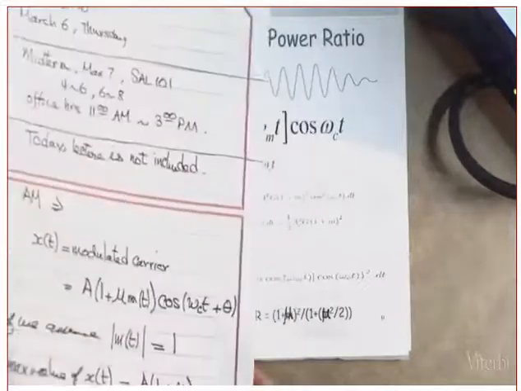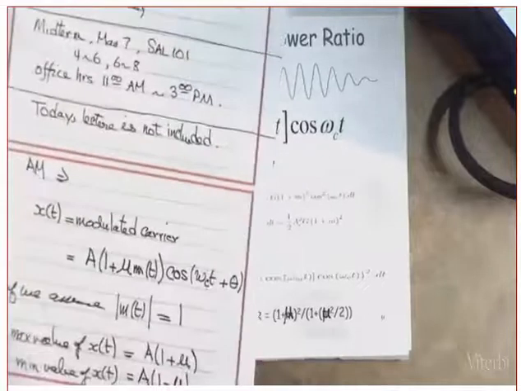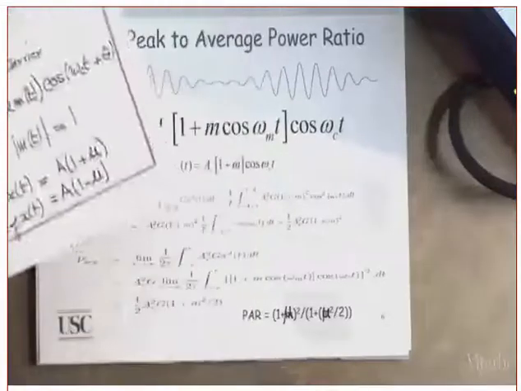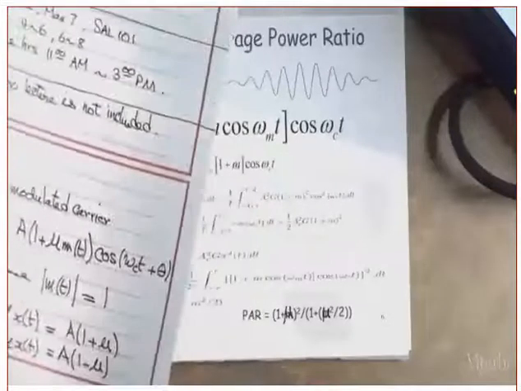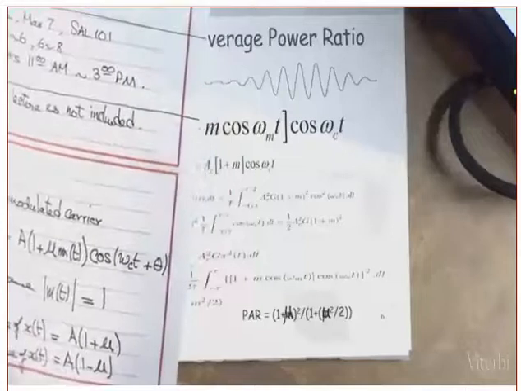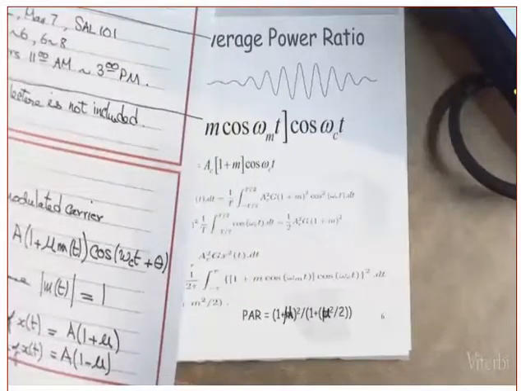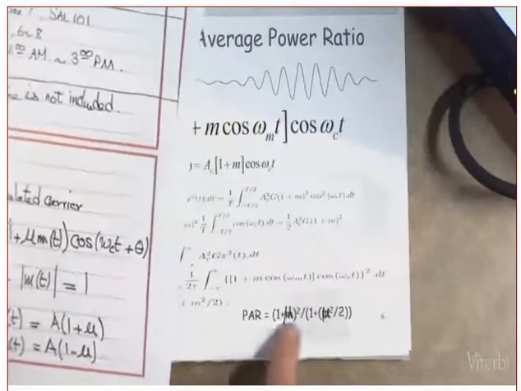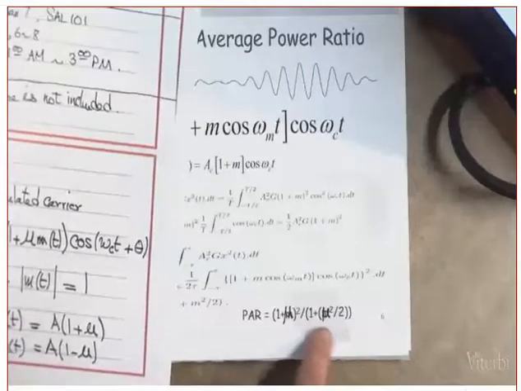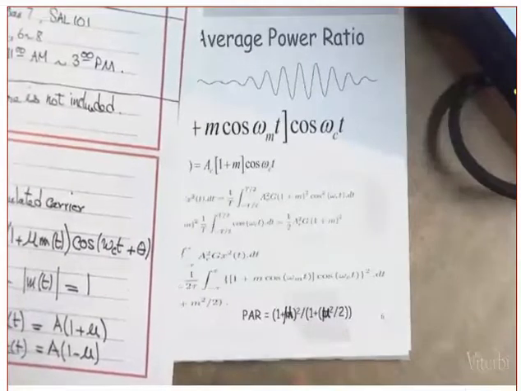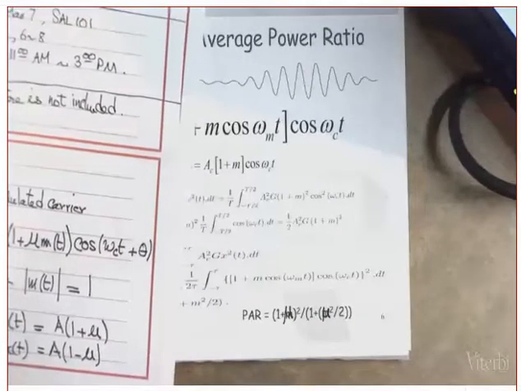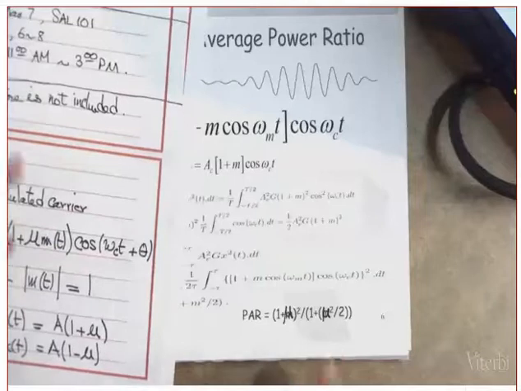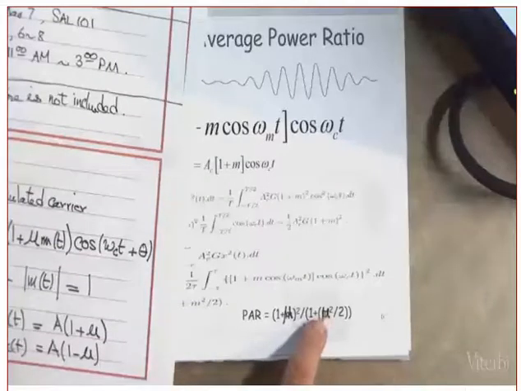So I need to check it. What happens when mu is equal to what? There is no modulation. The what power? Yeah, and that's why I told you that you need to check this equation. And that is why I just told you there is a mistake here.